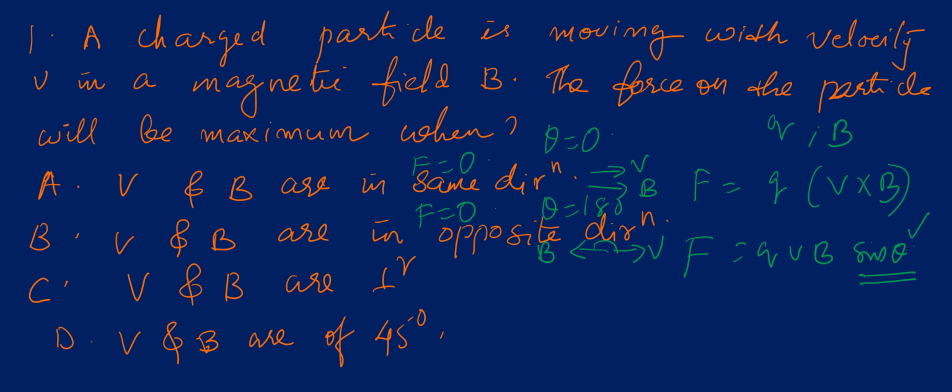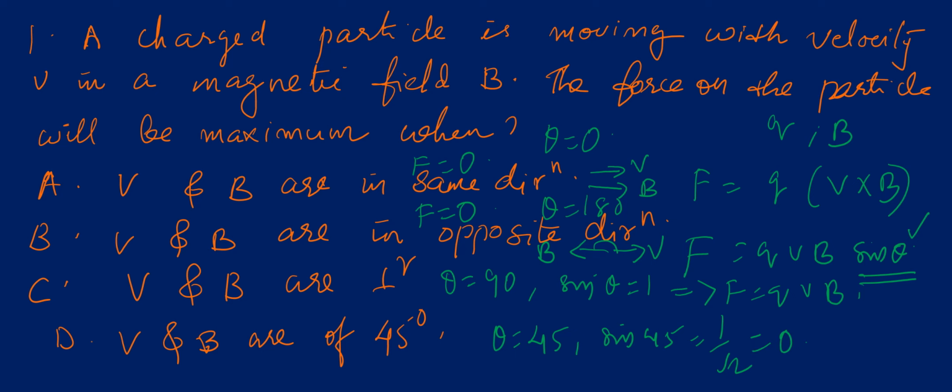Again, v and B are perpendicular, means theta equal to 90 degrees, or sin theta equal to 1. That means force equal to qvB. And the fourth option, v and B are at 45. At theta equal to 45, sin 45 is 1 by root 2, or 0.7.